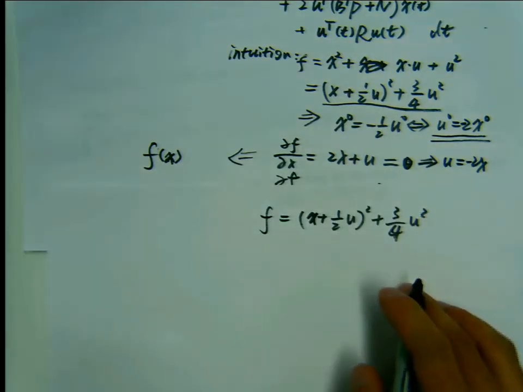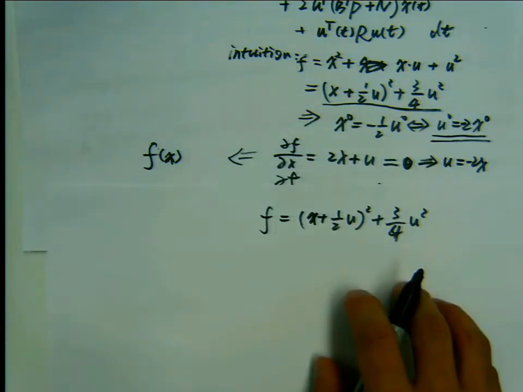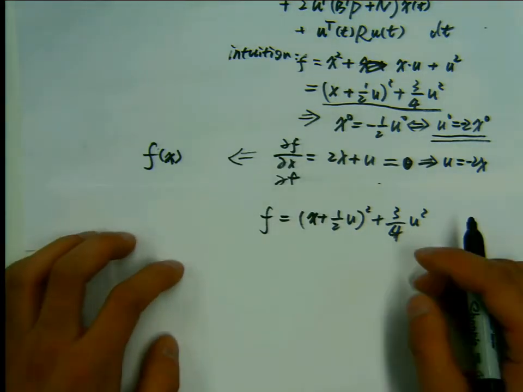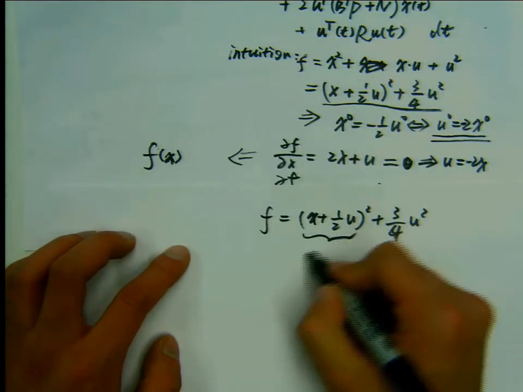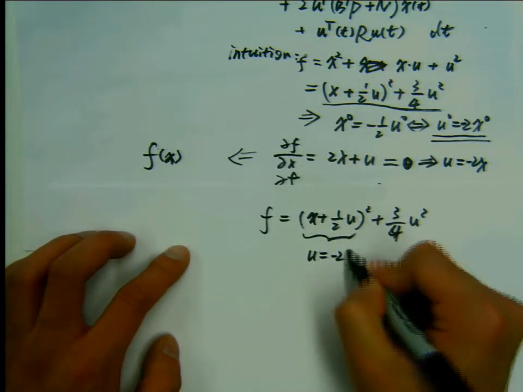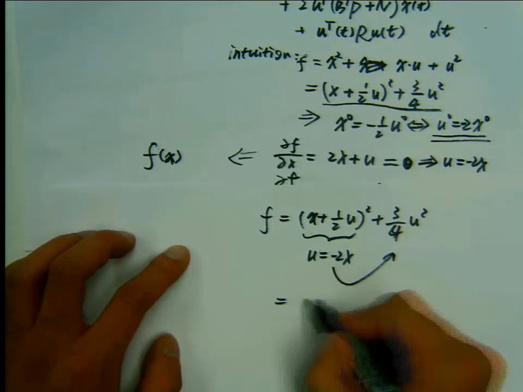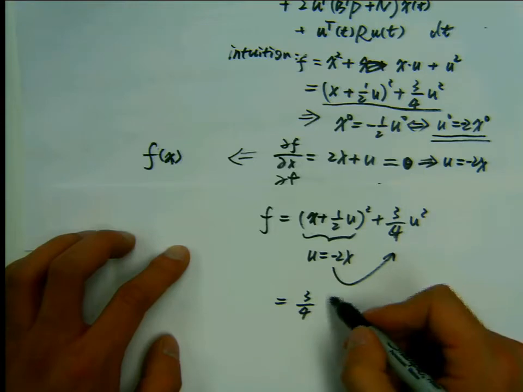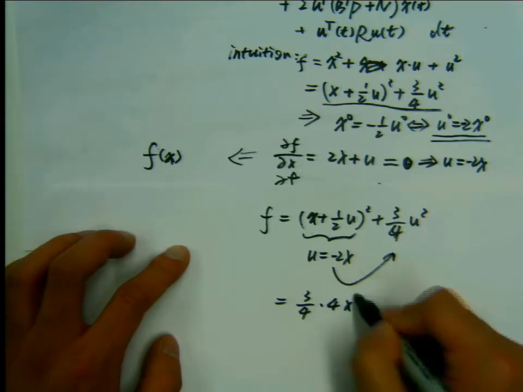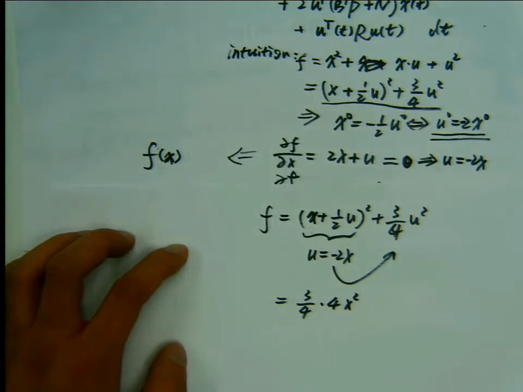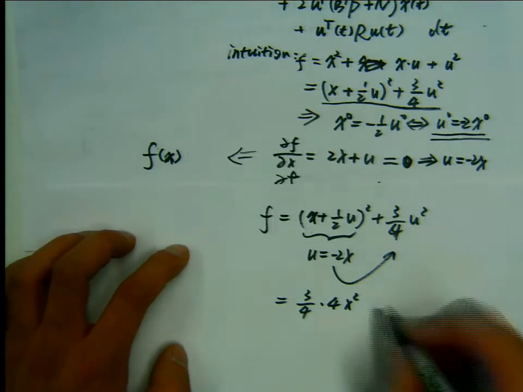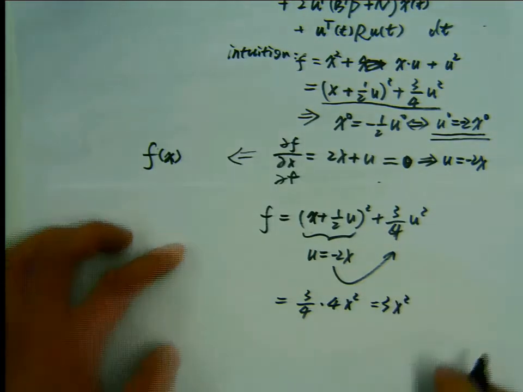If I regard x as the state variable, so if I set this to 0 to get u equal to negative 2x, and then I plug this inside here, I'm going to get 3 divided by 4 u squared, which is 4x squared, equals 3x squared.